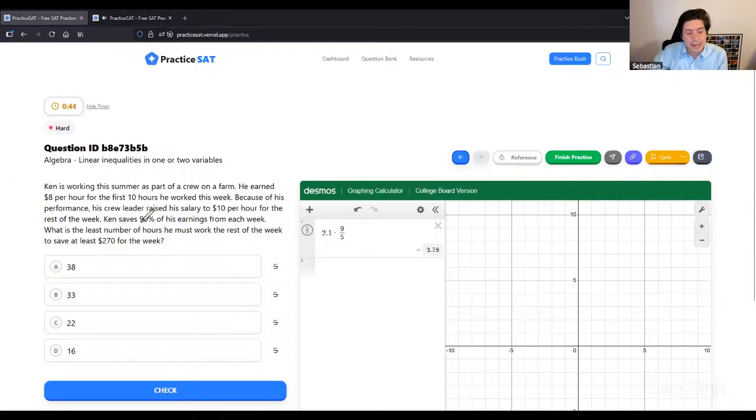So he's saving 90% of his earnings. So basically 90% of K equals 270, so K has to equal 300. So he has to make a total of $300. So far he's made 8 times 10, 80.